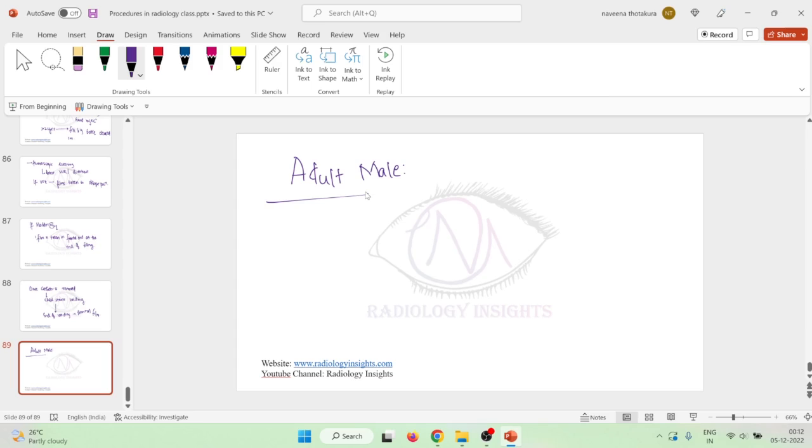Now, the main important thing in an adult male is that the voiding can be modified by getting the patient to void against resistance. How? This resistance can be given by compression of the distal part of the penis.